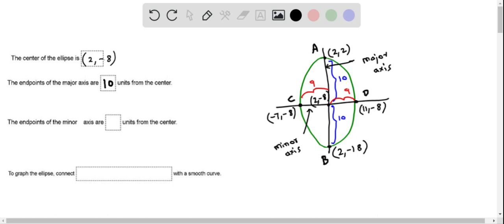And similarly, the endpoints of the minor axis, that is C and D, are 9 units from the center. And finally, to answer this question, that is to graph the ellipse, we basically have to connect all the 4 points, that is the points A, B, C, and D. So we have to connect the points (2, 2), then (2, −18), (11, −8), as well as the other point (−7, −8).